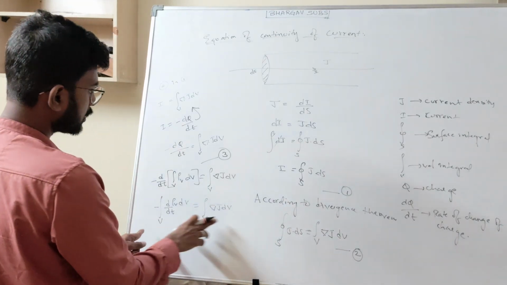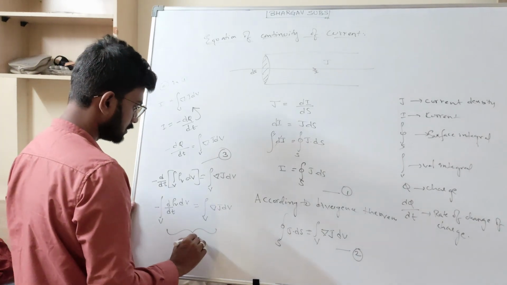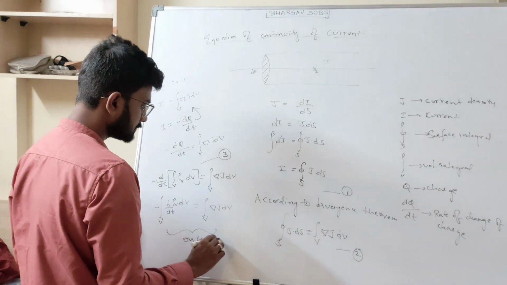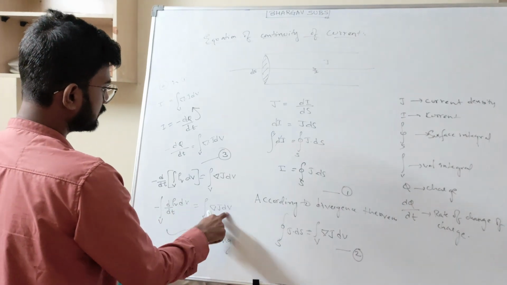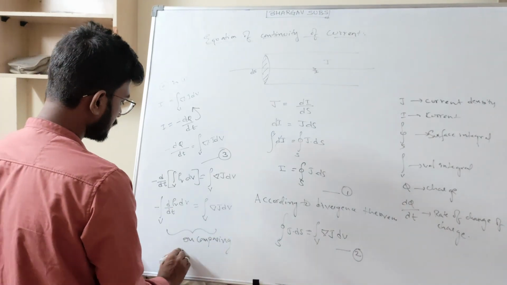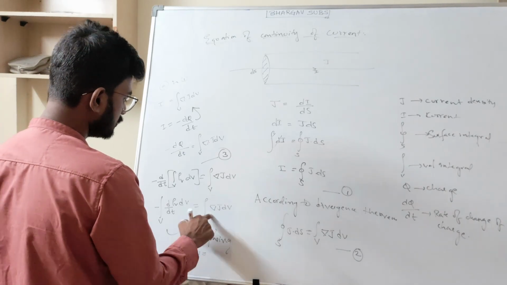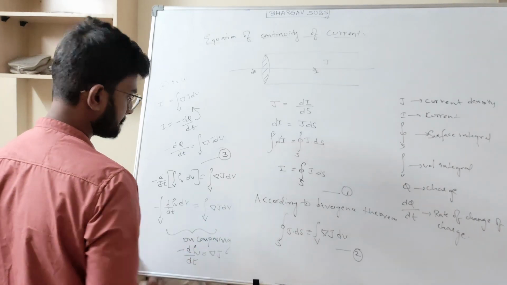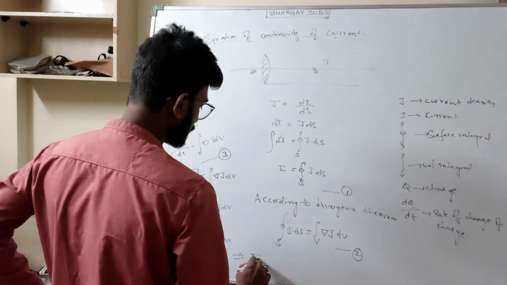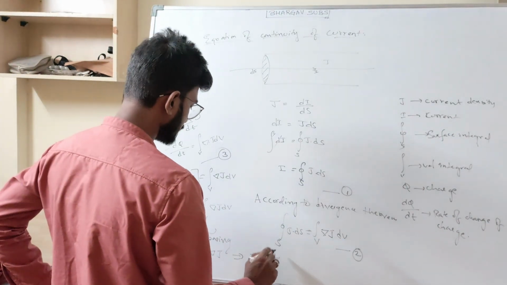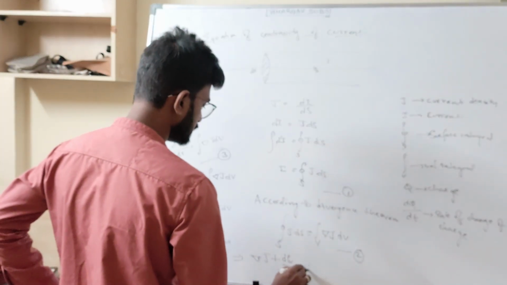Now see here, on comparing both sides, what I get is, in the volume integral dv, I can write minus the rate of change of charge density is equal to the gradient of j. Correct, gradient of j is equal to minus d by dt. So I can write gradient of j plus d rho v by dt is equal to 0.